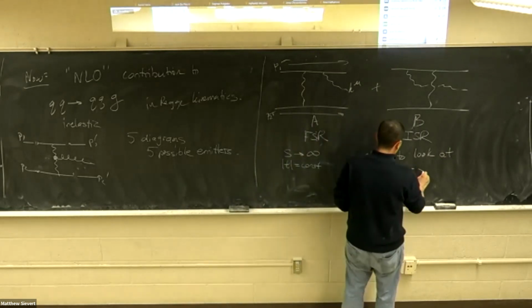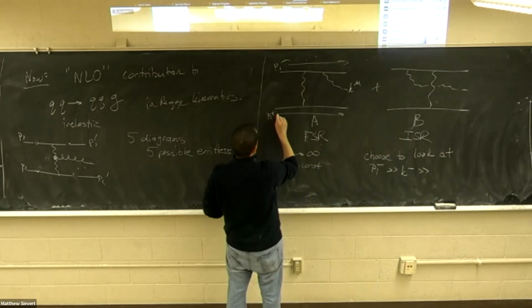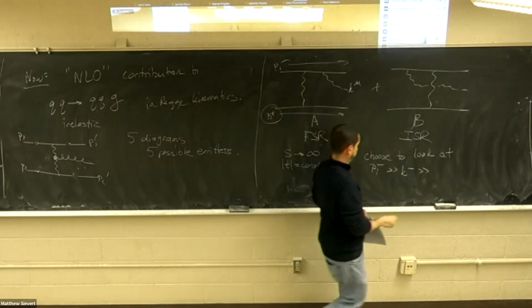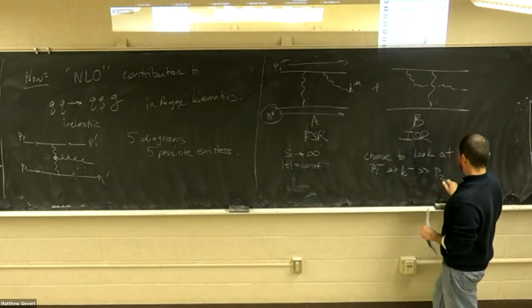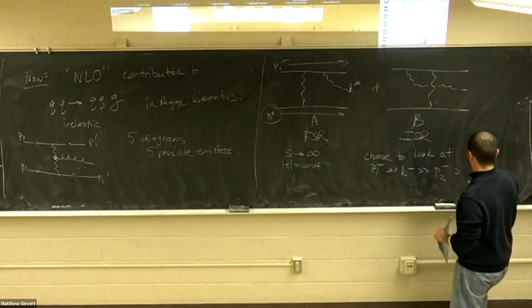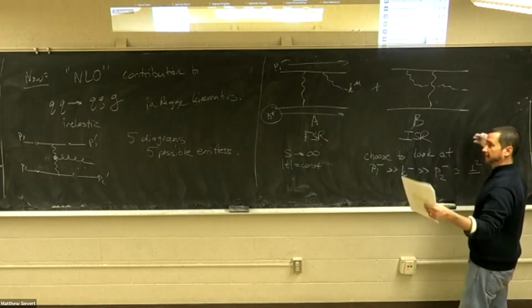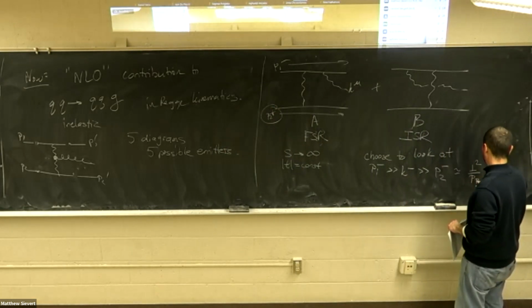But it's still large compared to the smallest minus momentum in the problem. That would be the minus momentum of p2, the thing that's going mostly along the plus direction. Much, much greater than p2 minus, and p2 minus is of order some transverse momentum scale, the mass, some other transverse momentum recoil divided by p2 plus.